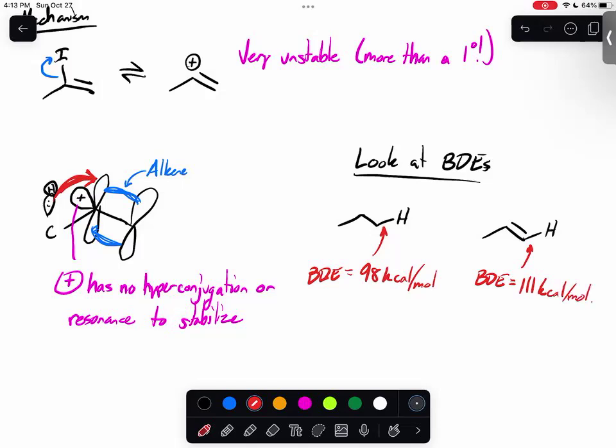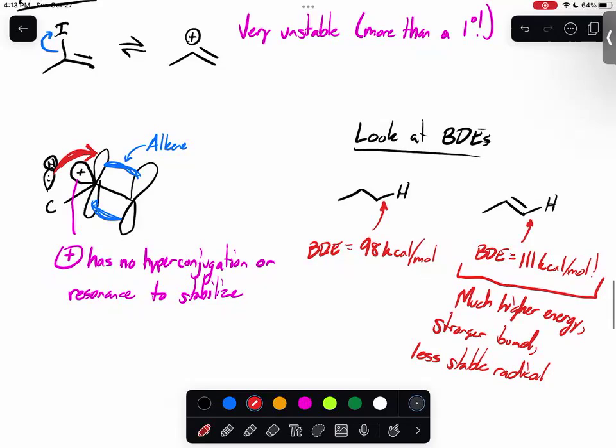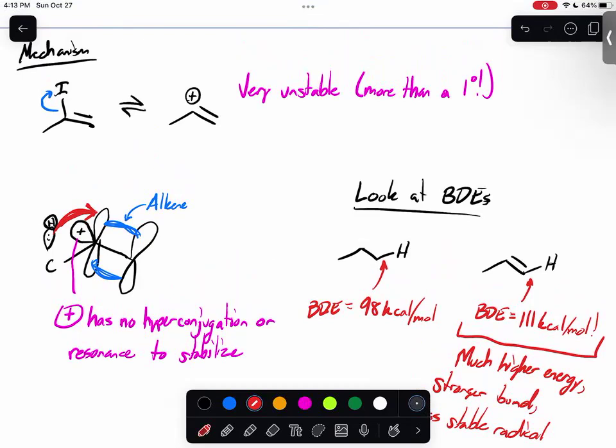So this is much higher energy, which means it is a stronger bond, which also means that it is going to form a less stable radical. So that's another reason that this reaction is not going to go well. It has a very strong bond between that iodine and that carbon. And since this is so high energy, this cannot occur.